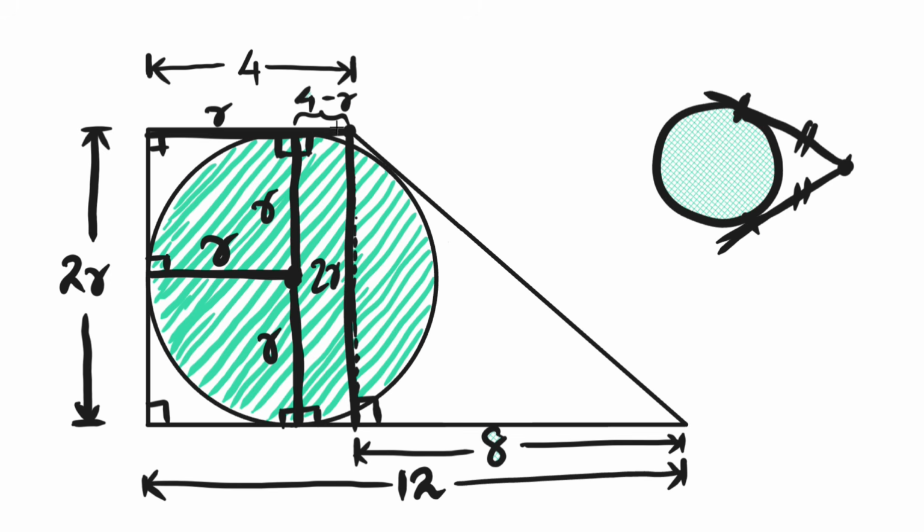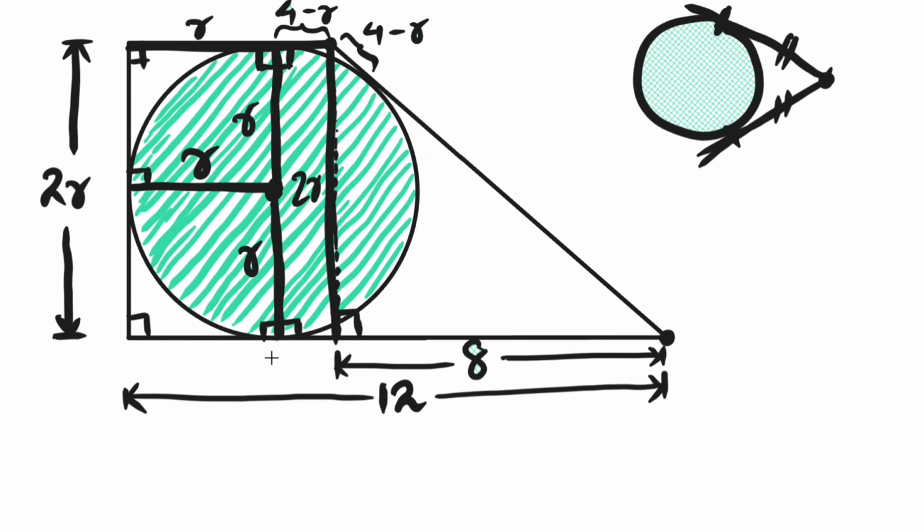From that same top right corner, there is another tangent segment going along the slanted side until it touches the circle. Because tangent segments from the same external point are equal, that piece of the slanted side must also have length 4 minus r.